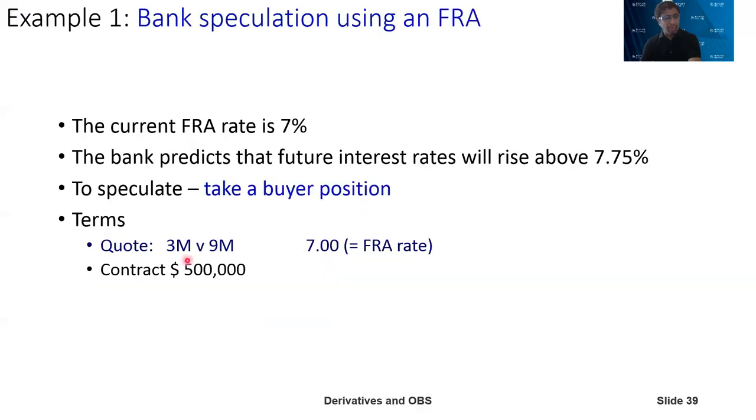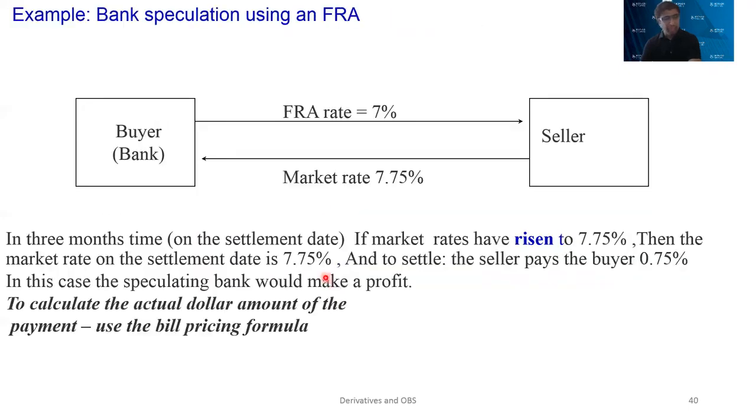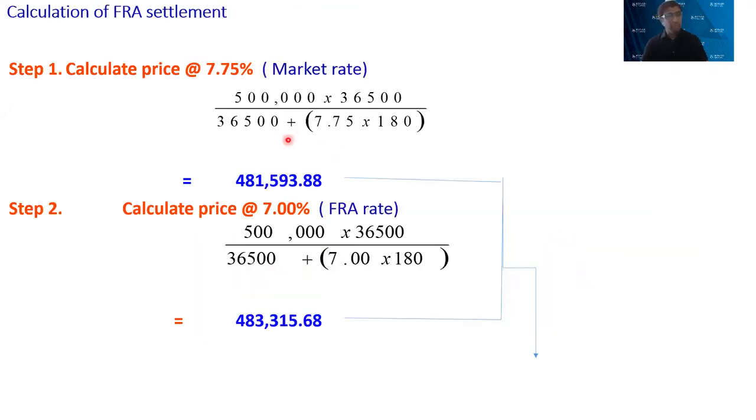Now, to make it a calculation, look at this. I'm taking this example and trying to do the calculation. First of all, you will calculate according to 7.75. What is this? This is how we calculate the present value of this contract.